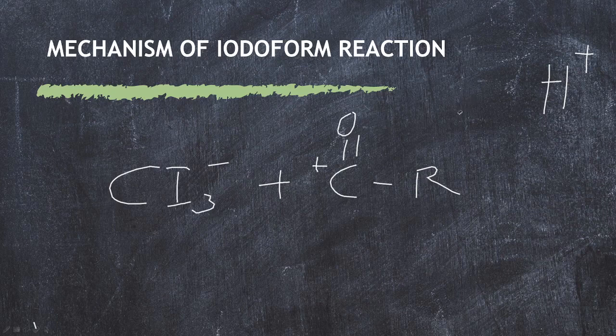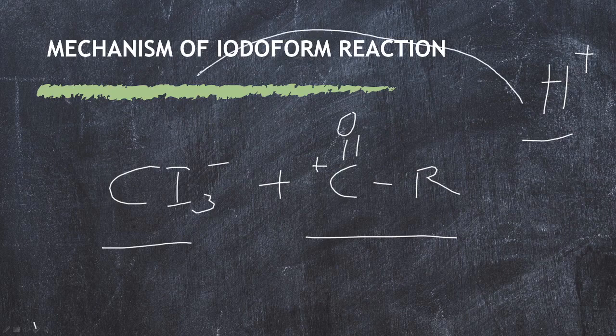So let's remove this. Now we all know that the hydrogen has been kicked out, so we have two intermediates that are now formed: this tri-substituted methyl group and this intermediate, and then this hydrogen ion. Now this hydrogen ion will come again to bond with this tri-substituted methyl group, and that will lead to the formation of our iodoform.